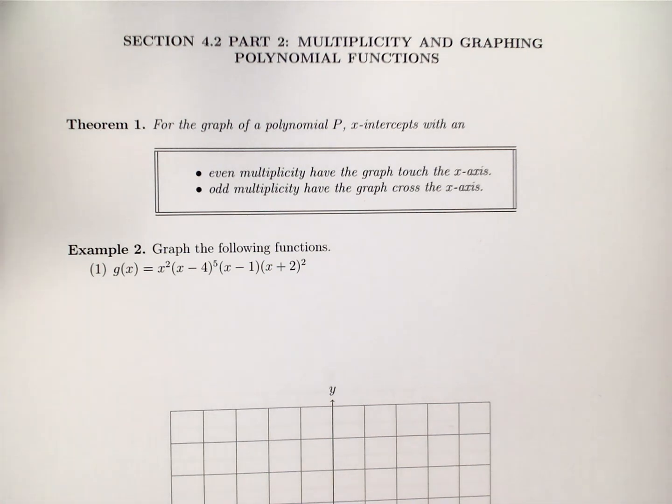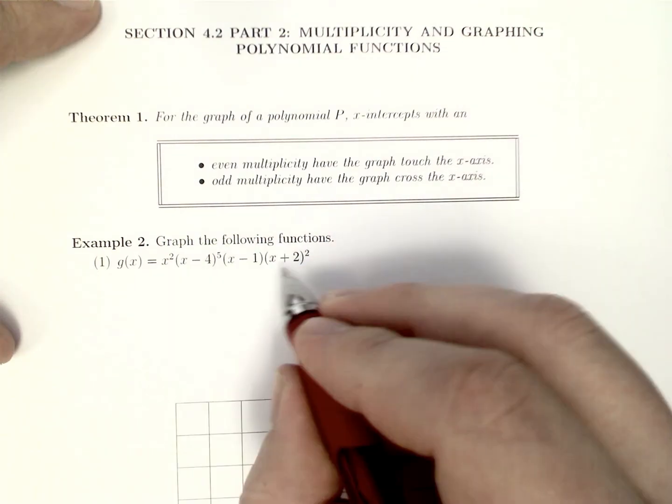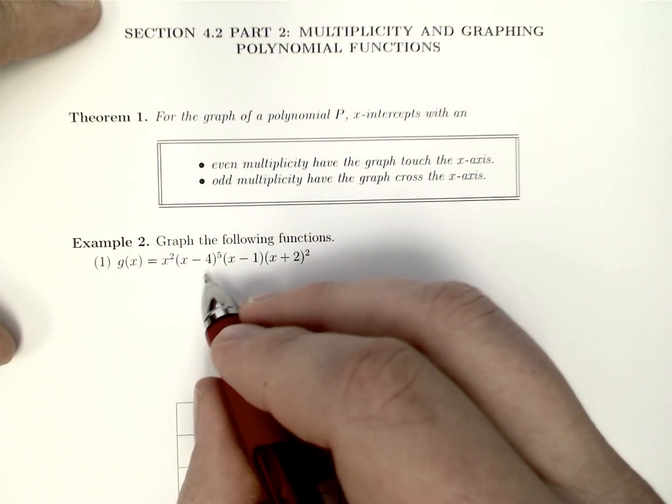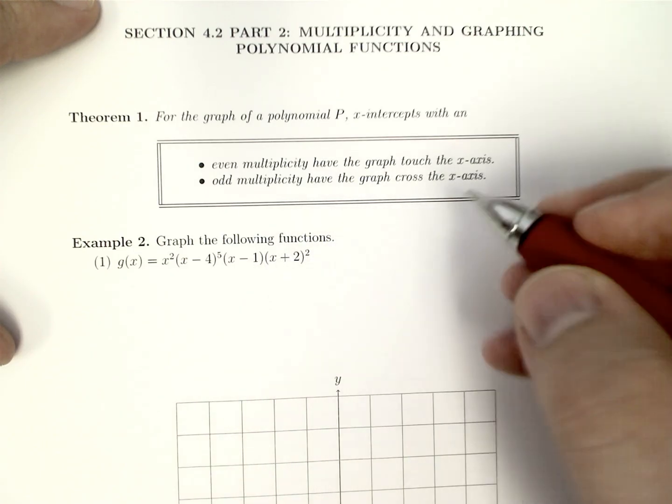So let's take a look at number one. First, we need to find the end behavior. We're going to try to graph x squared times (x minus 4) to the fifth times (x minus 1) times (x plus 2) quantity squared.